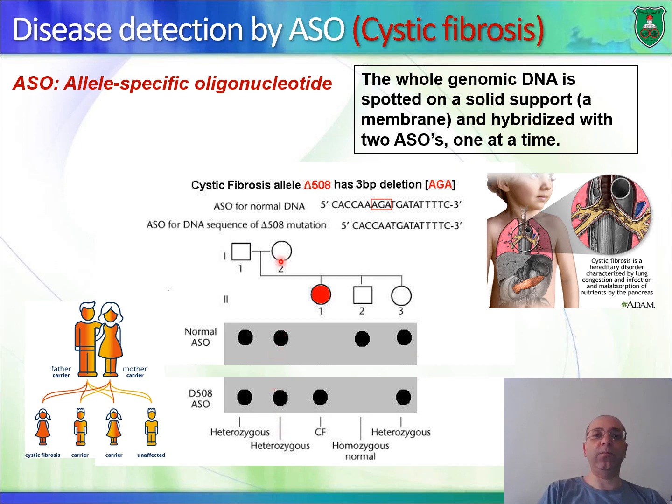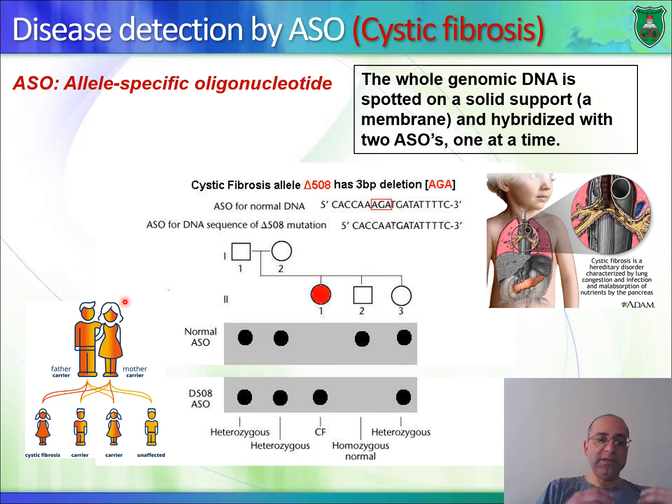This means that the mother is also heterozygous. We also call them, especially if we're talking about an allele that causes a disease, we say that the person is a carrier.